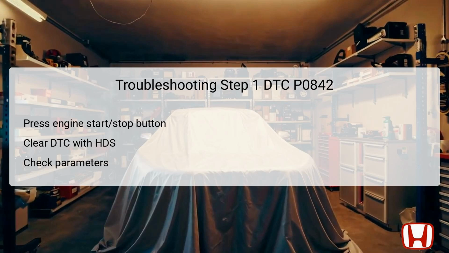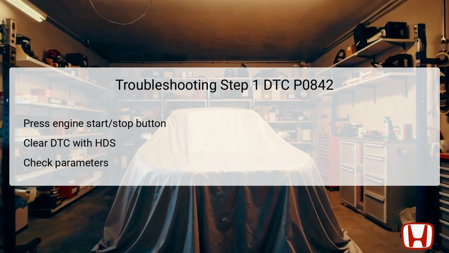The first step in troubleshooting DTC P0842 involves verifying the problem through some preliminary checks. Start by pressing the engine start-stop button to select the on mode. Following this, clear the DTC using the Honda Diagnostic System, HDS, which will reset the trouble code and allow new data to be captured.